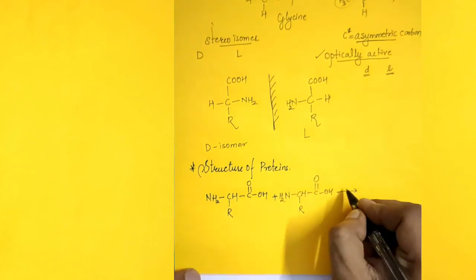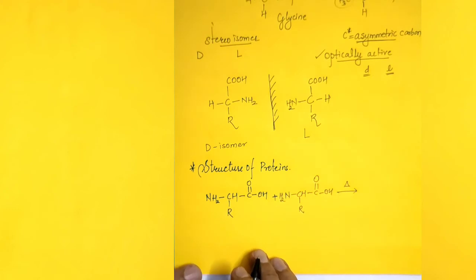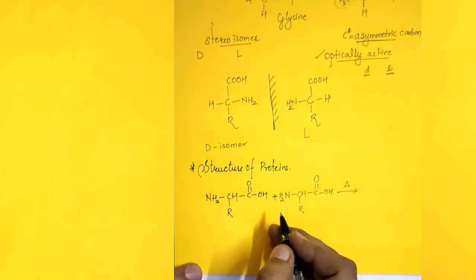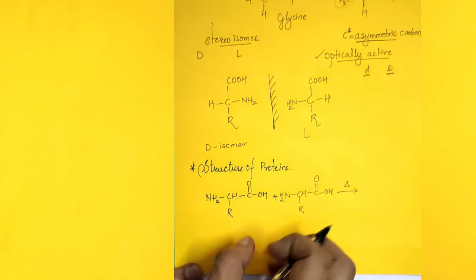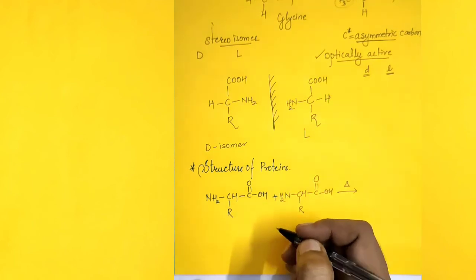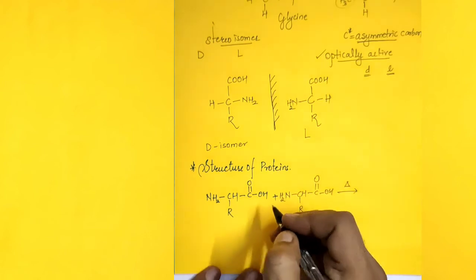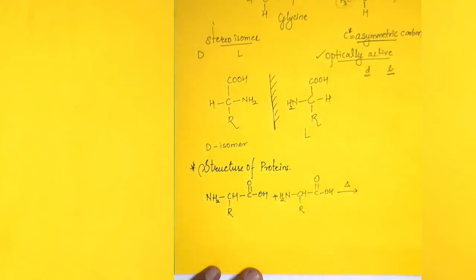That doesn't matter. If 2 alpha amino acids are heated, a water molecule is eliminated, and they combine with each other to form a dimer. We can say dimer, that means 2 are bonded with each other.